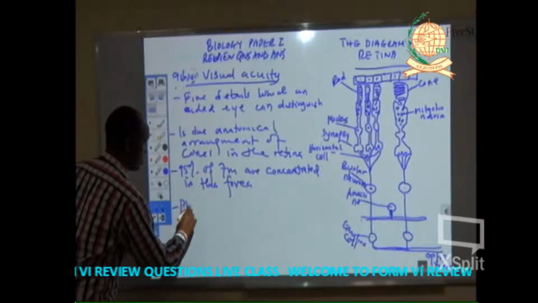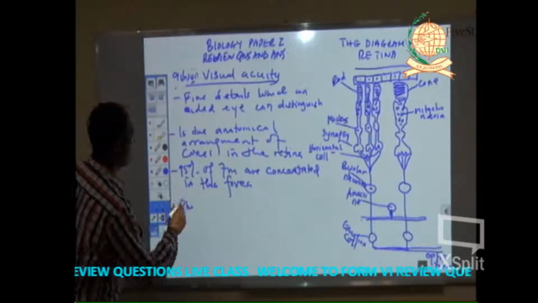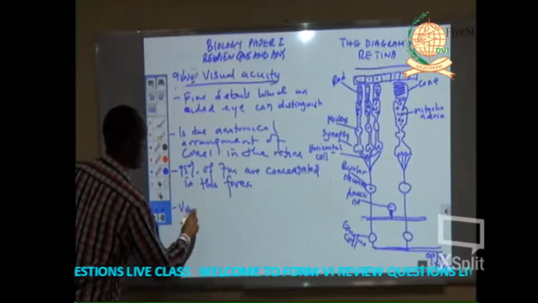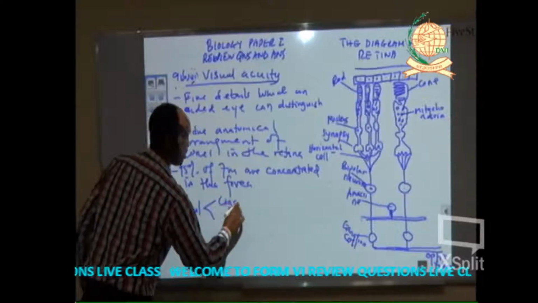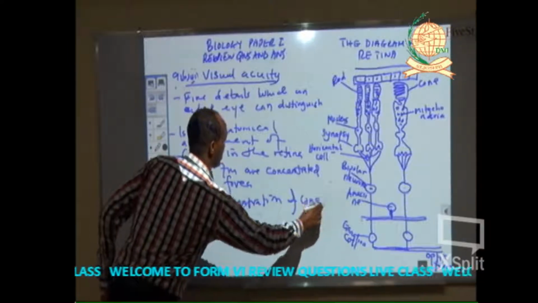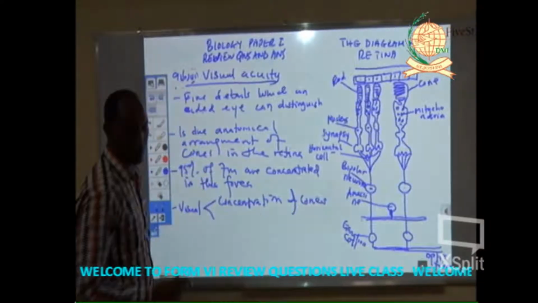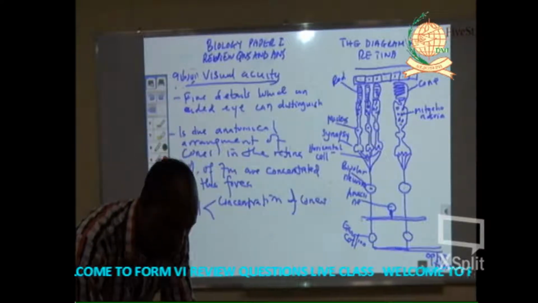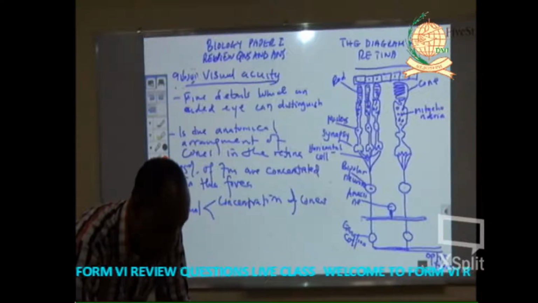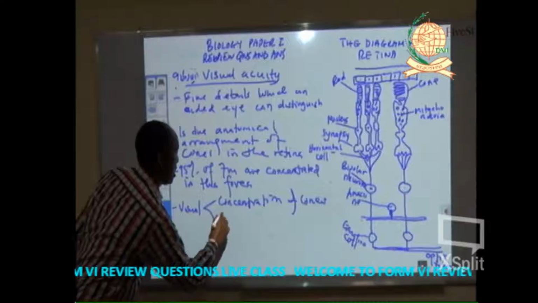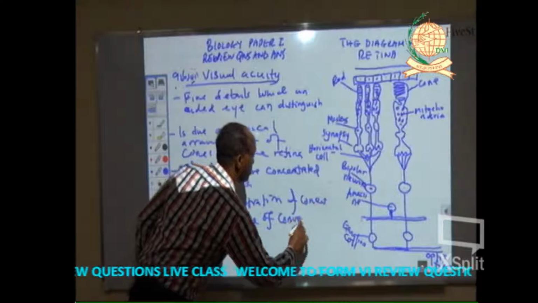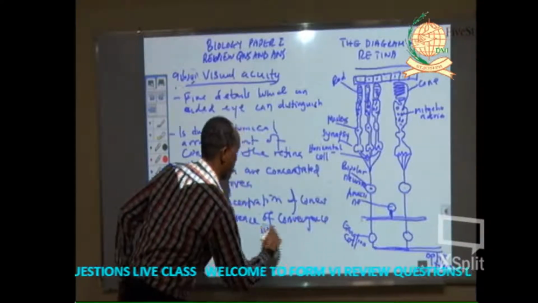So this visual acuity is due to that concentration of cones in the retina, and also because of the absence of convergence in the cones.